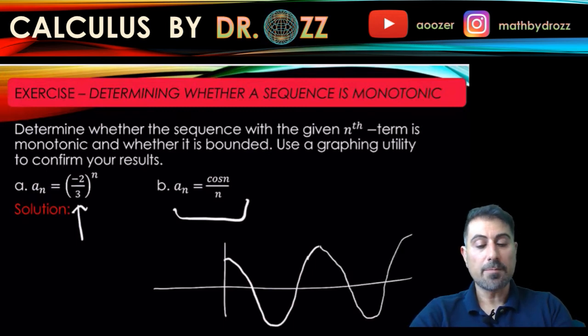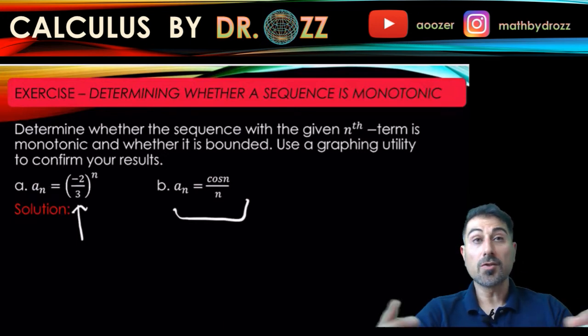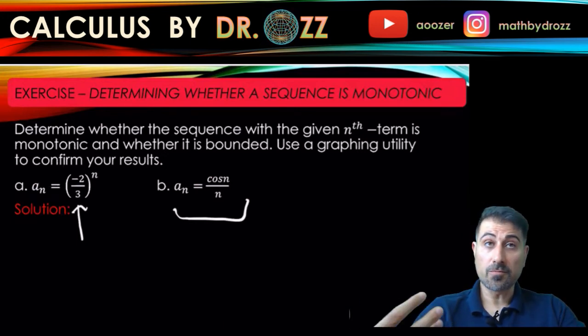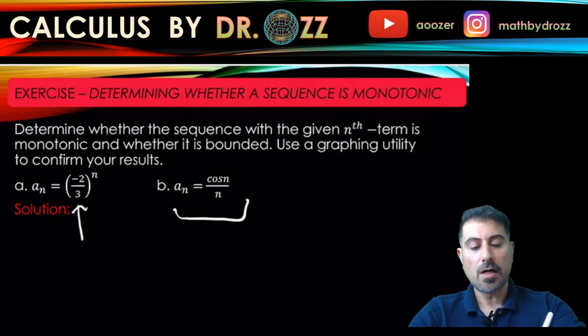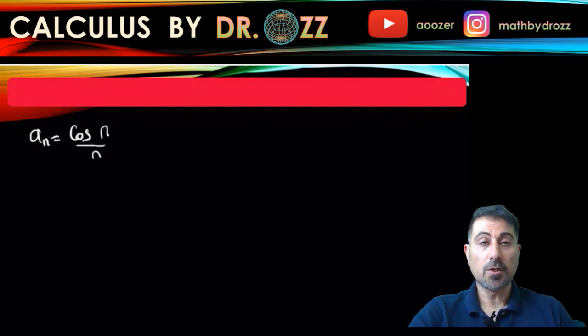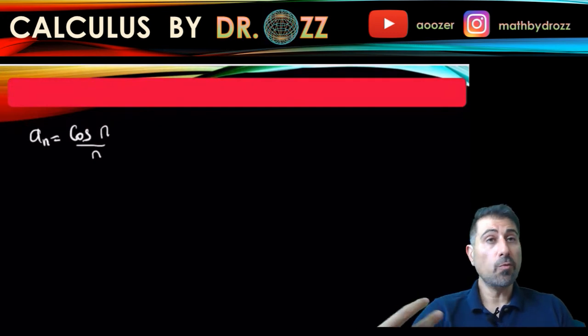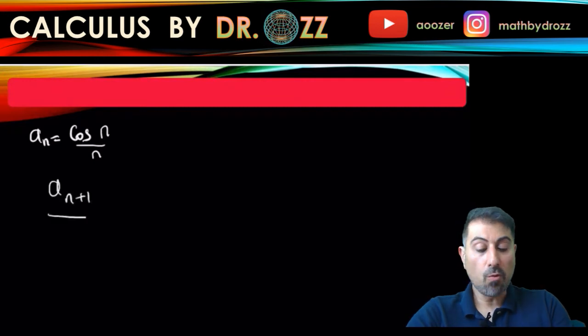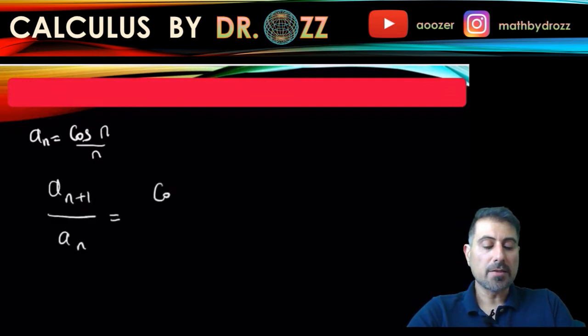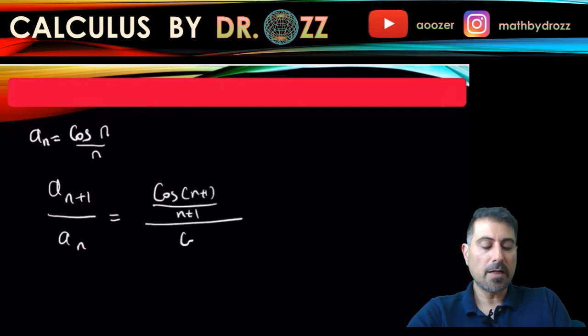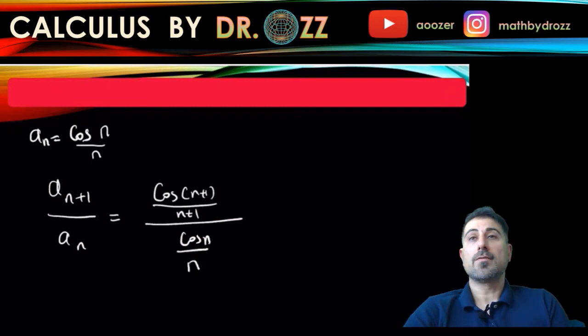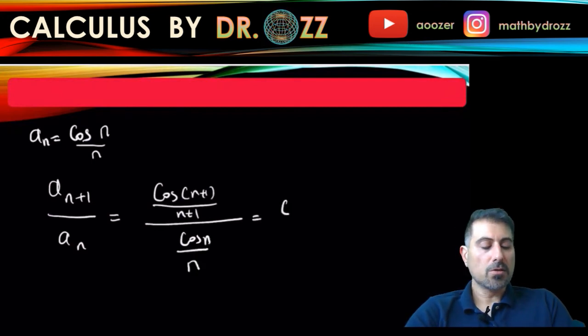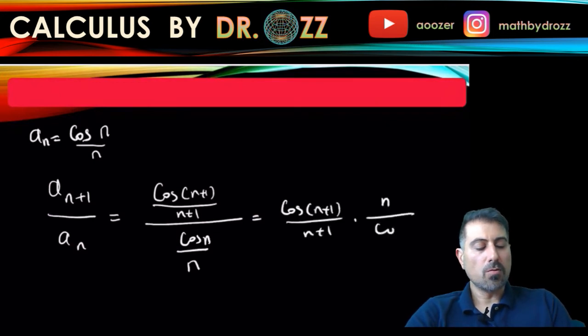So cosine is alternating its sign. If you want to check the monotonic behavior here, when you write down a_{n+1} over a_n, that is cosine(n+1) divided by (n+1), all divided by cosine n over n. I can flip the bottom over: cosine(n+1) times n over (n+1) times cosine n.